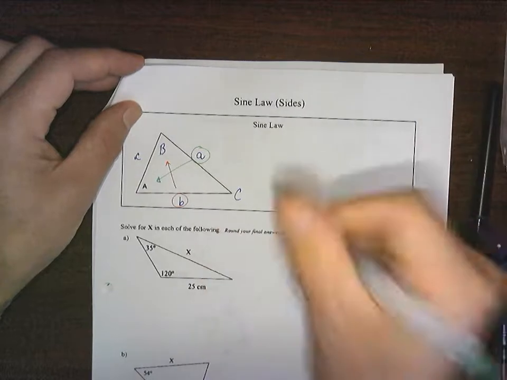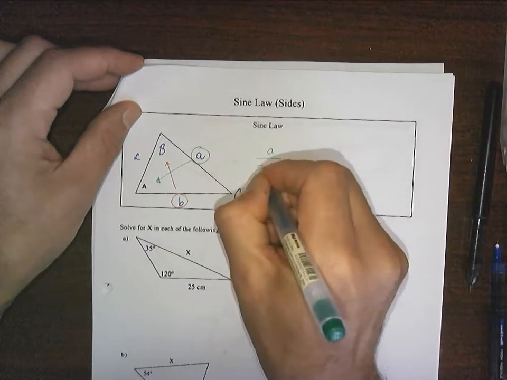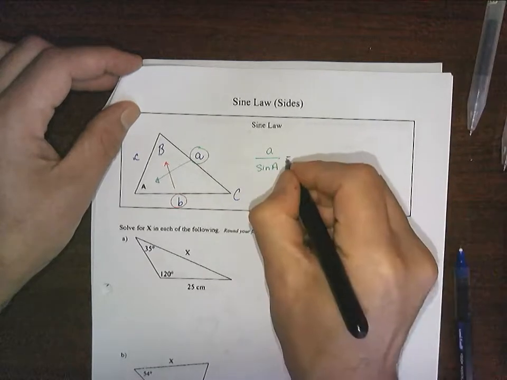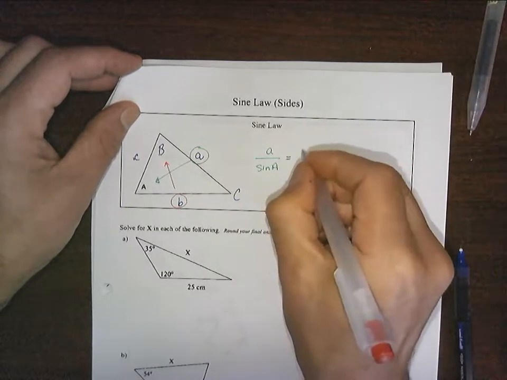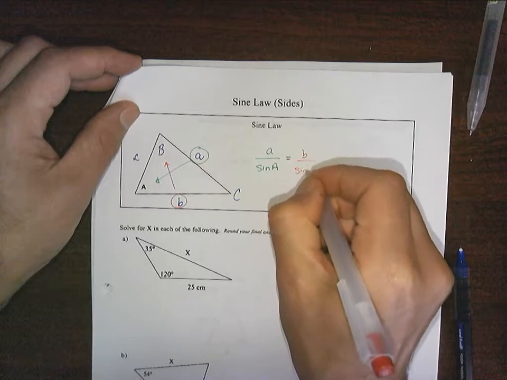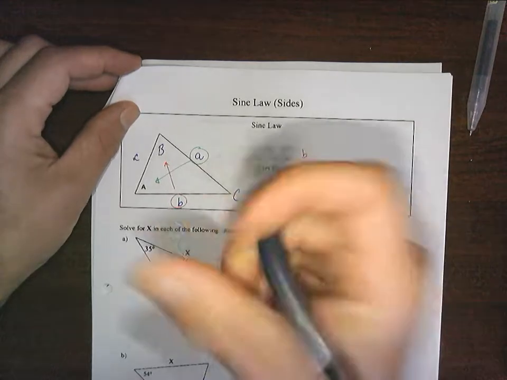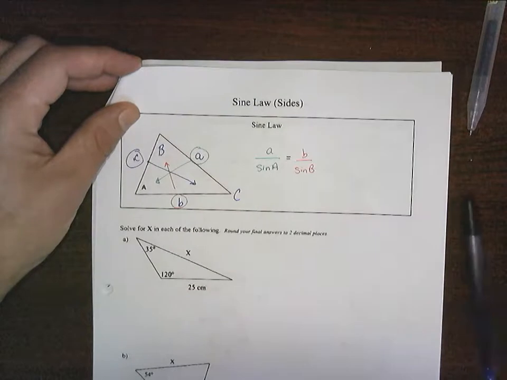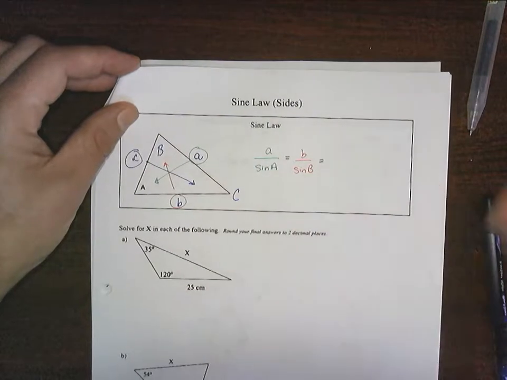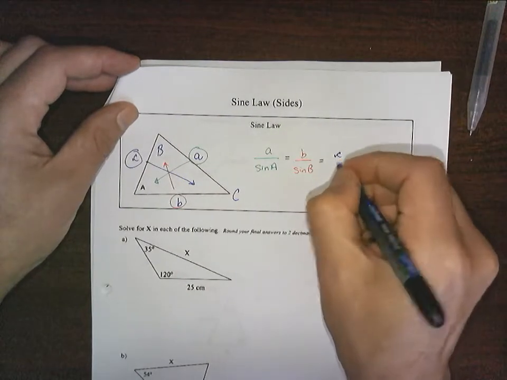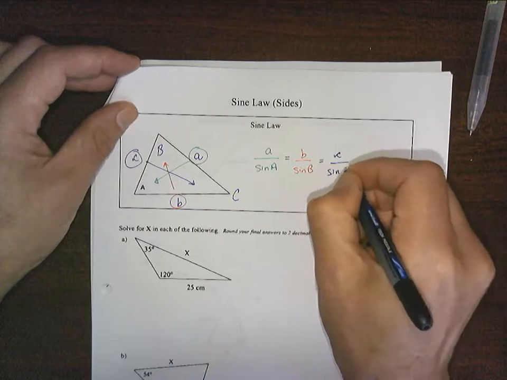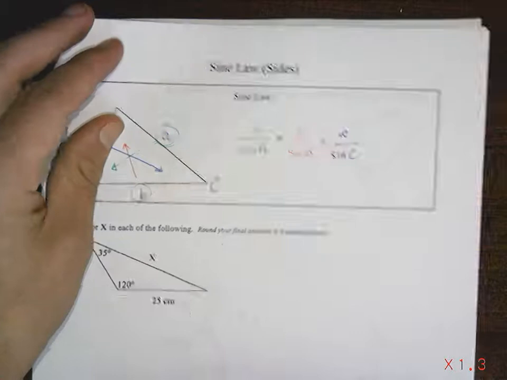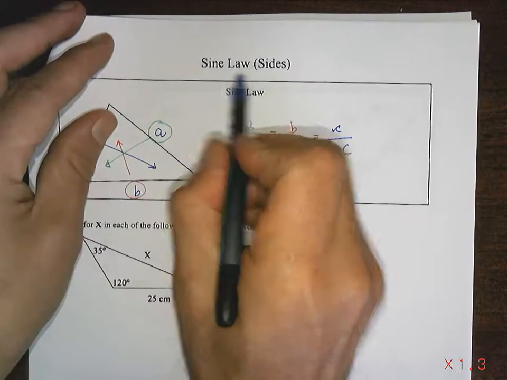You're going to get a divided by sine of angle A will equal b over sine of angle B, which also equals the third side divided by the sine of the angle opposite it. And there you go. That is the rule, the relationship for the sine law for sides.